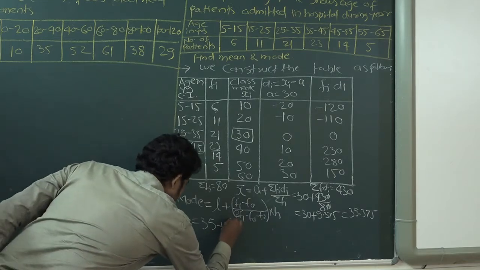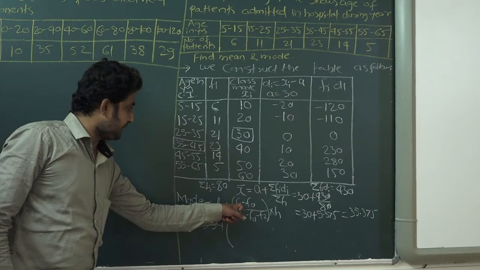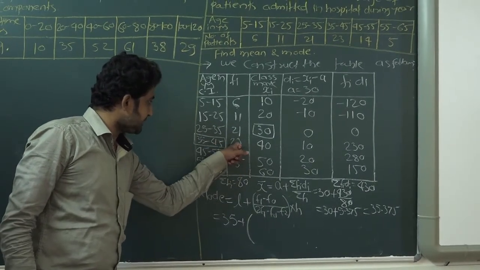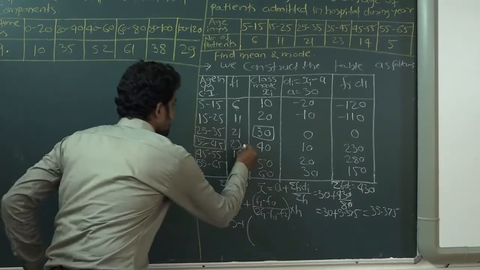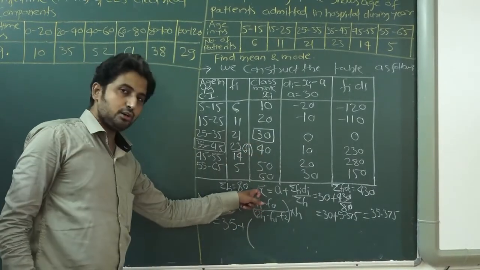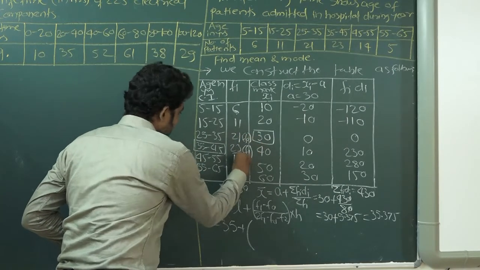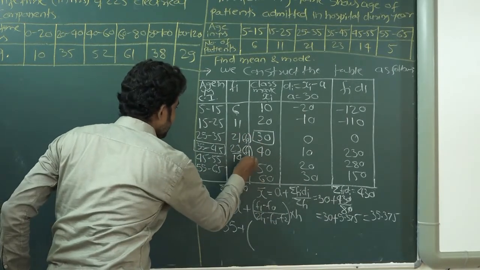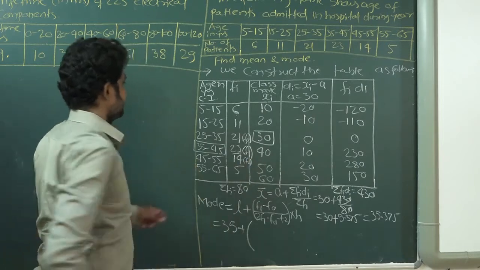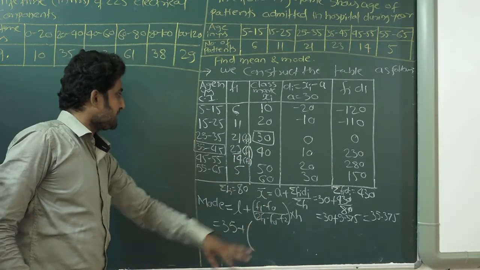Plus F1, dear students. F1 is the frequency of the modal class. F0 is the frequency of its previous class. And F2 is the frequency of the next class. So F1 minus F0.